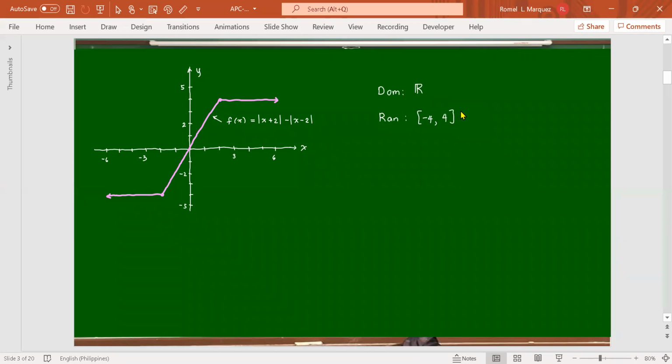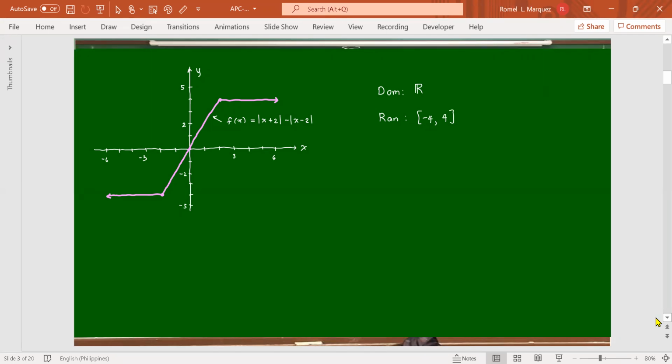Now, this shows that graphs are many times useful in determining the range, because if you did not draw the graph, it's hard to actually do mentally finding the range. So that's the range from -4 to +4. Do you have any question with this before we move to the next number?